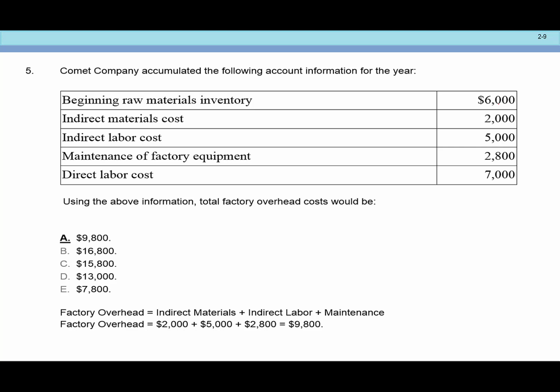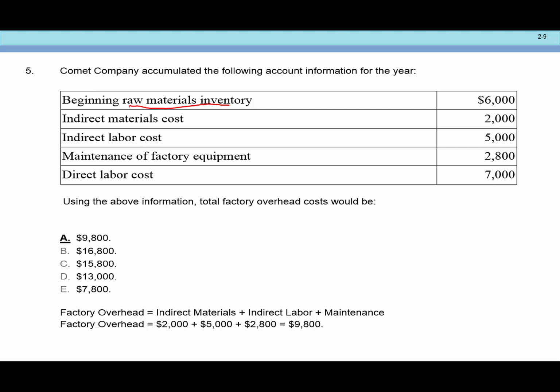Using the above information, factory overhead. So factory overhead costs are indirect, right? So we have to find the costs here that constitute overhead. How about raw materials? Well, raw materials could be overhead if they are indirect materials, right?